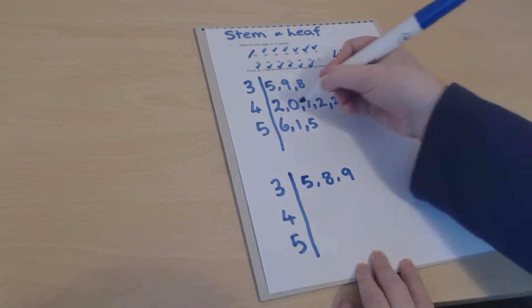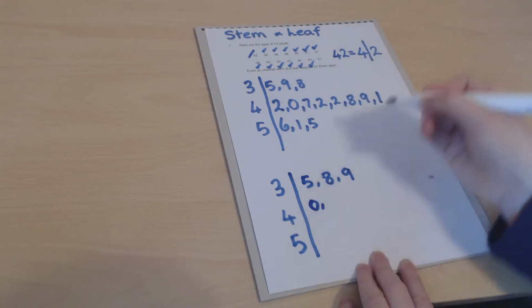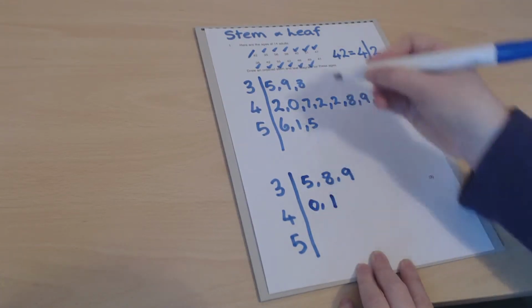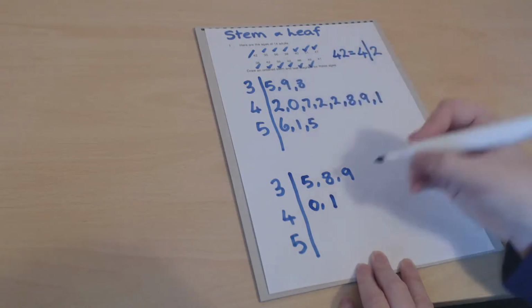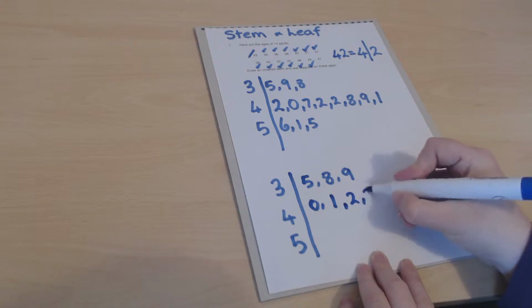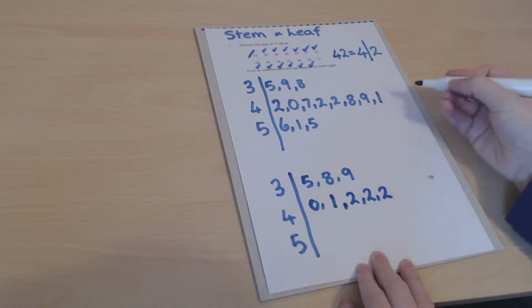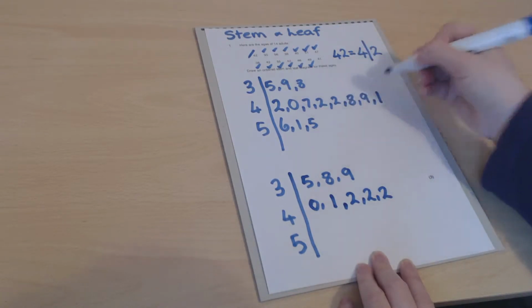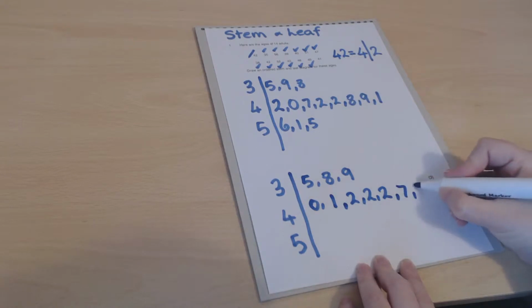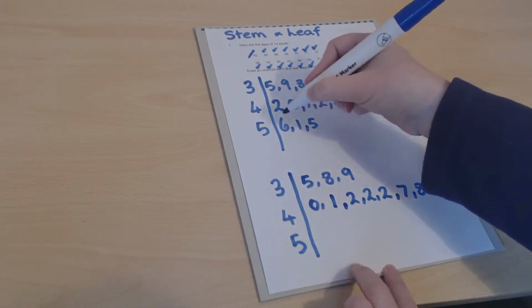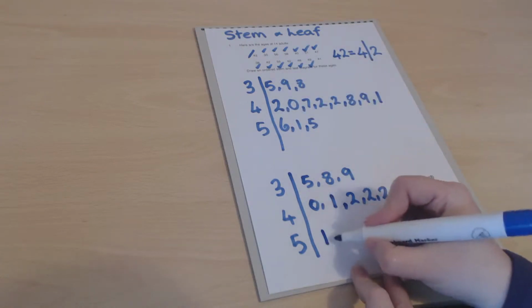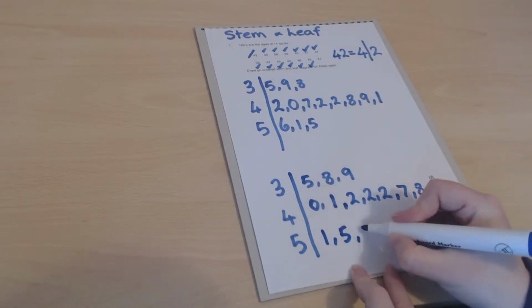And then here, 0's our first one, and then 1, and you can tick these off as well if you want to. And then I've got 1, 2, 3 2's to come next. Then we've got a 7, 8 and a 9. And then finally we've got 6, 1, 5, so that needs to be 1, 5, 6.